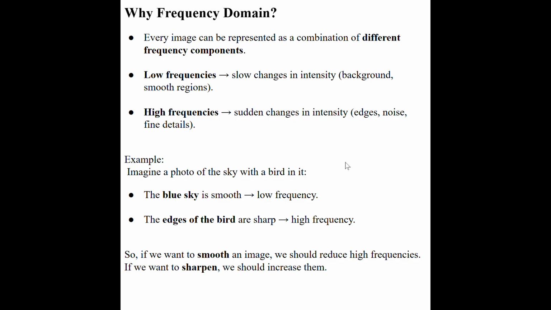If we want to sharpen the image, then we should increase the high frequencies. This is the main thing in these two operations. You can note this down somewhere. In smoothing, we focus on reducing high frequencies, and in sharpening, we focus on increasing the high frequencies.